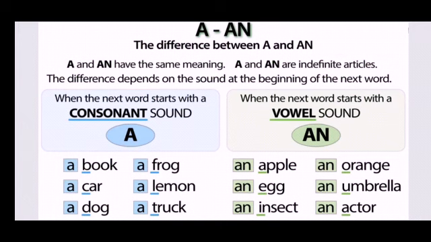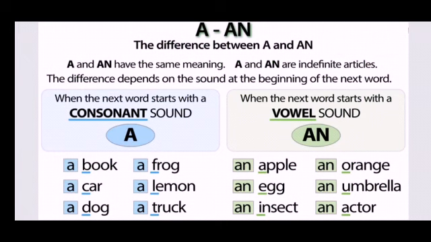In apple, the word started with A. In egg, E. In insect, I. In orange, O. In umbrella, U. In actor, A. These are all vowel sounds. So we use an.